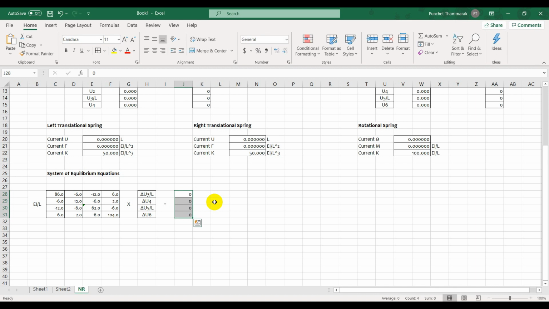Basically, this is the applied DOF loads, which is 0, and then minus applied span loads.